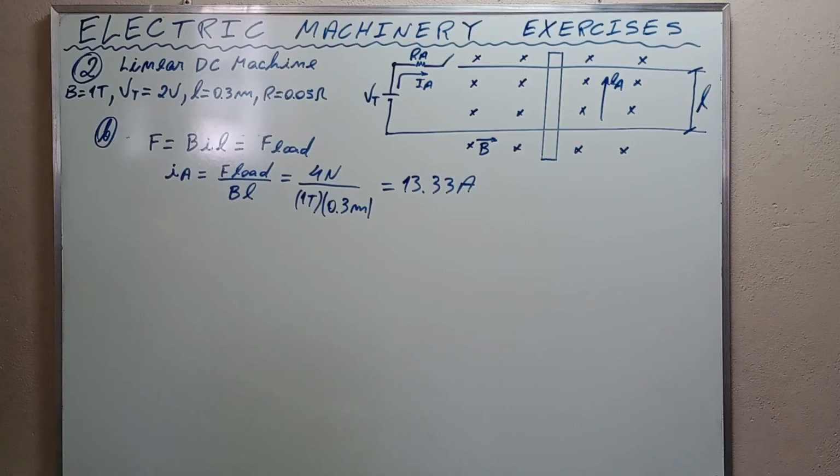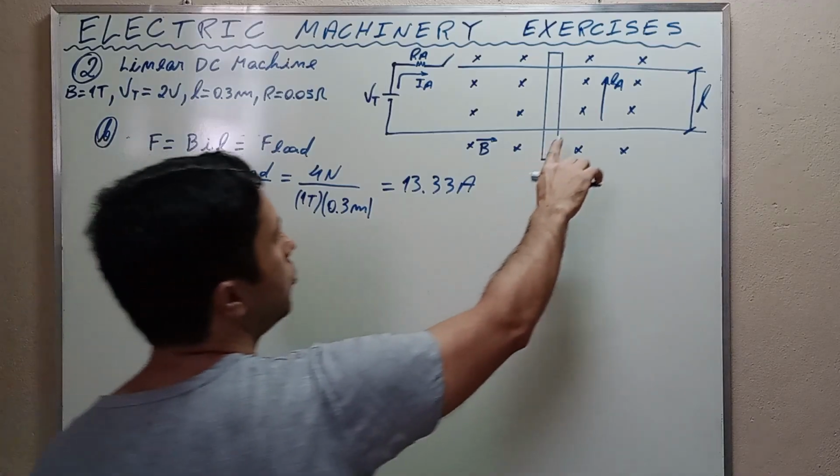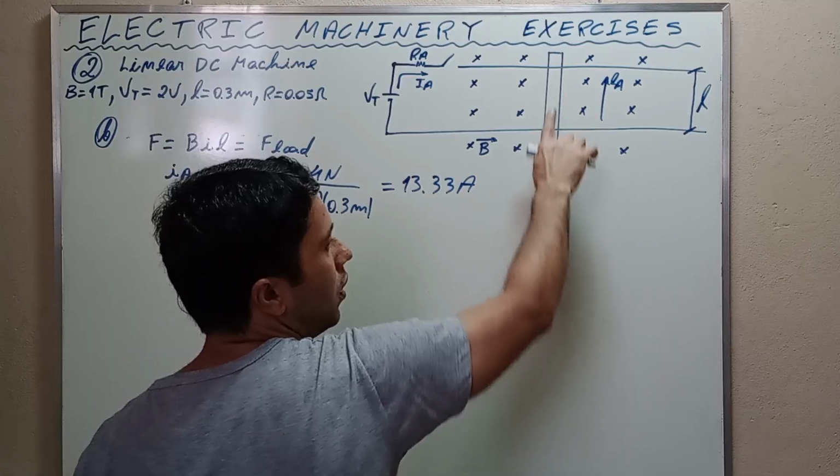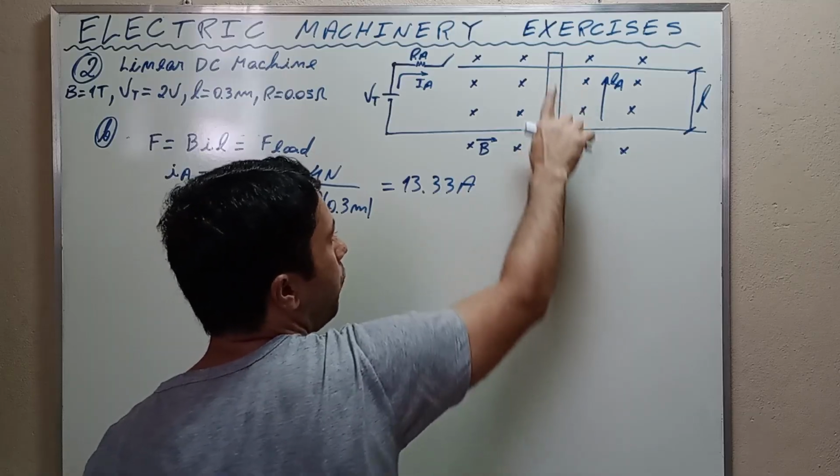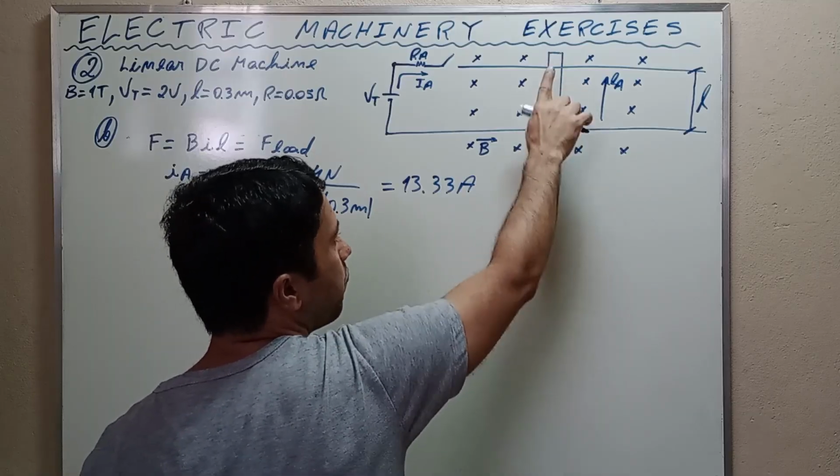The exercise wanted us to calculate the current, determine the speed in steady state, the power delivered by VT, the power delivered to the mechanical load, etc. Alright, the induced voltage will be, okay, there is going to be an induced voltage here in the bar, pointing upwards.